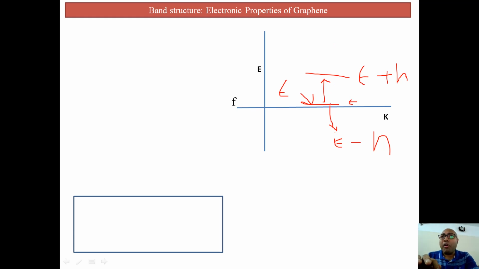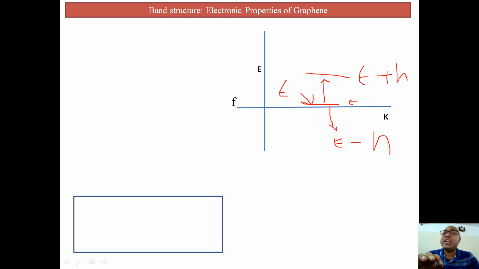So if all energy states below are filled in ideal condition and all the states above are empty, then definitely F will pass through the middle. That is EF equal to EI, the intrinsic condition. That's the probability of occupation half.